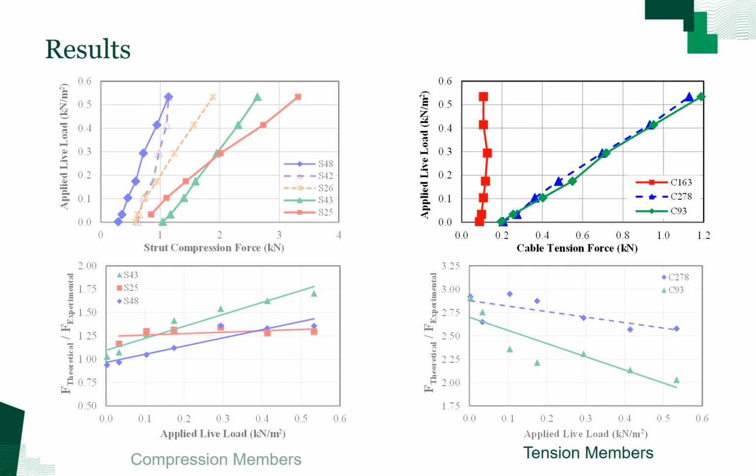A maximum force of approximately 1.2 kilonewtons is recorded in cable 93. The ratios of theoretical to experimental tension forces for cables 93 and 278 are shown here for each increment of live load. Again, the theoretical model significantly overestimates the tension forces in the cables, particularly under self-weight.